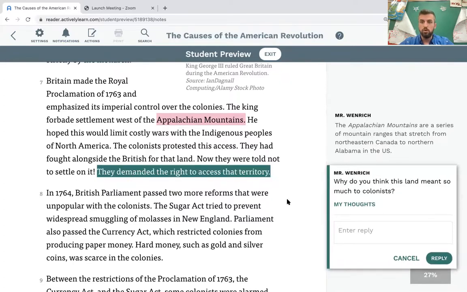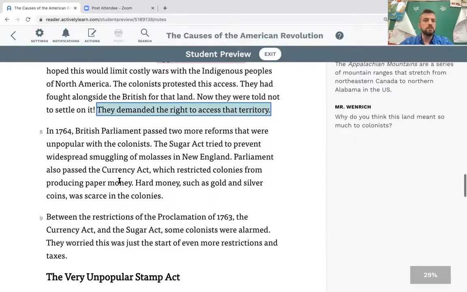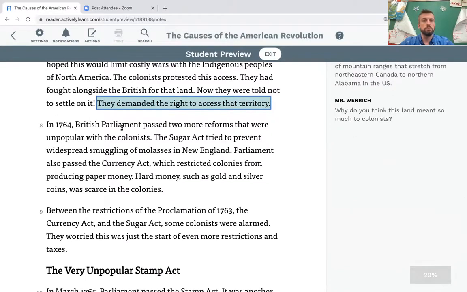So why do you think this land meant so much to the colonists? Are you kidding me? What are the three natural rights? Life, liberty, and property. In 1764, British Parliament passed two more reforms that were unpopular with the colonists. The Sugar Act tried to prevent widespread smuggling of molasses in New England.